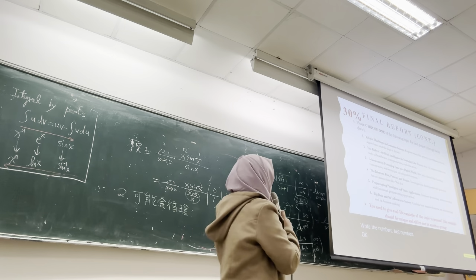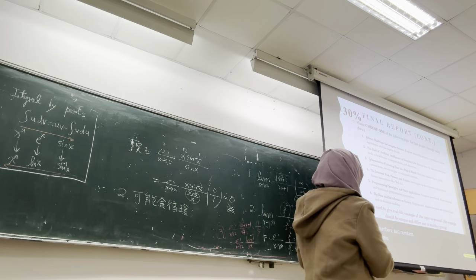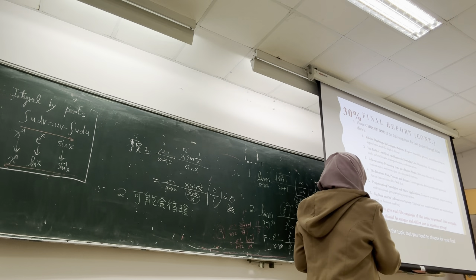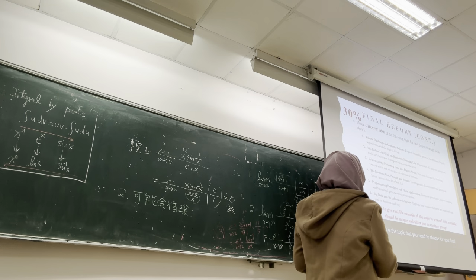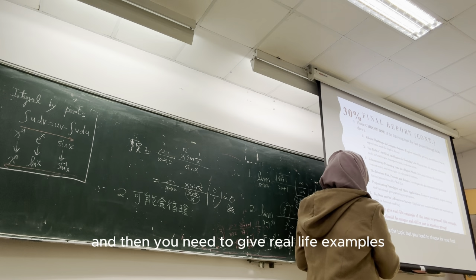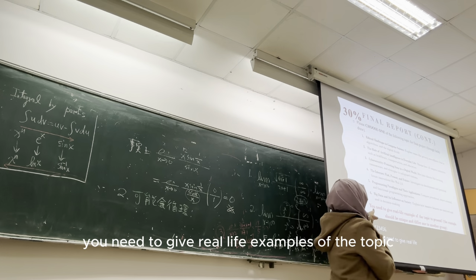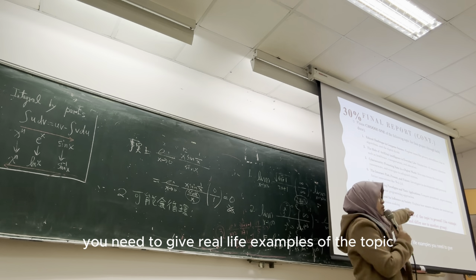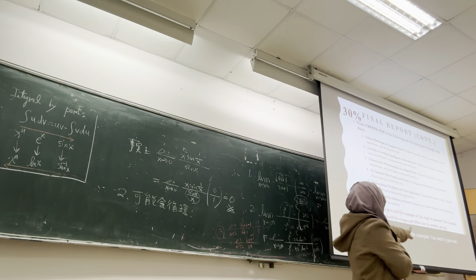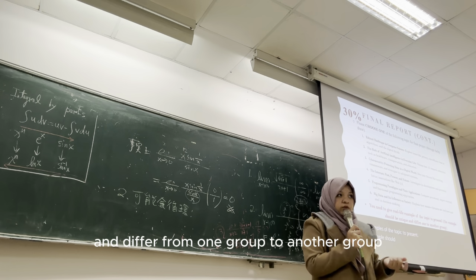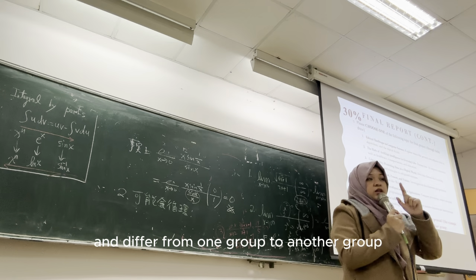Alright, so these are the topics that you need to choose for your final project: 1, 2, 3, 4, 5, 6. And then you need to give real life examples of the topic to present. The example should be unique and differ from one group to another group.